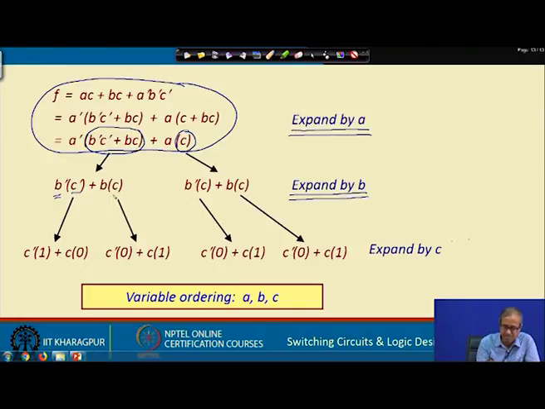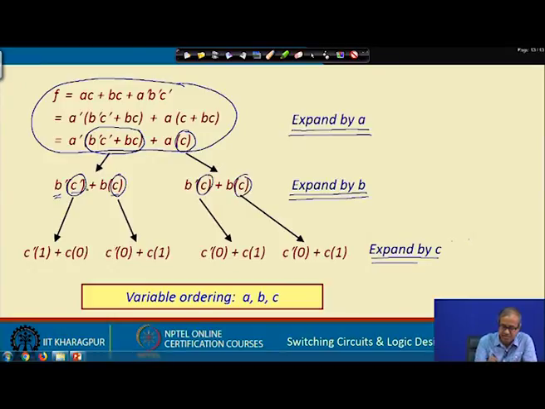Similarly, for this function c, you do the same thing with respect to b, b bar multiplied by replace b by 0, there is no b, so it remains c, b into positive cofactor, replace b by 1, no b, so it remains c. And in the last step, you see now we have got 4 sub functions c bar, c, c and c bar.